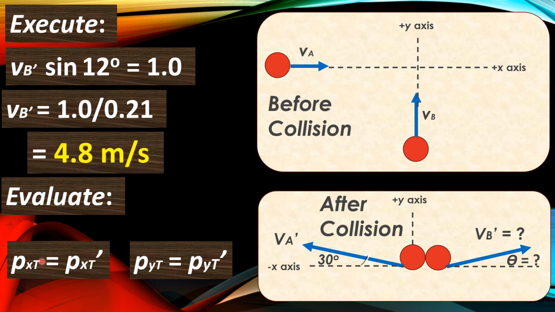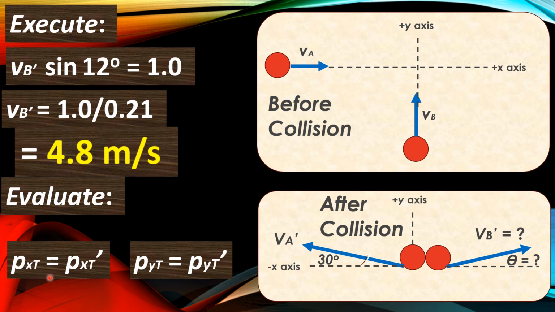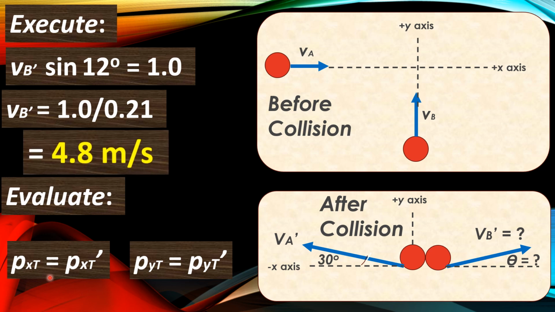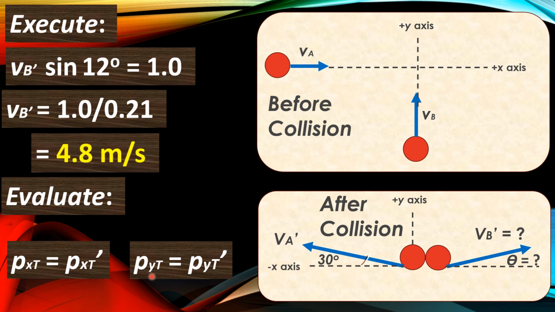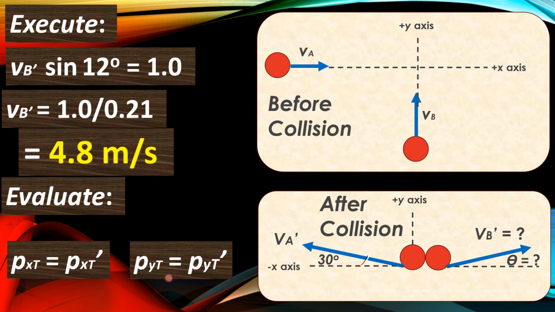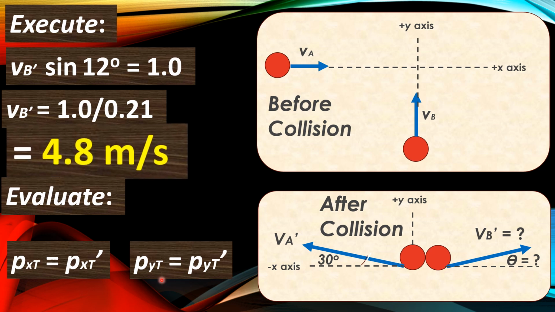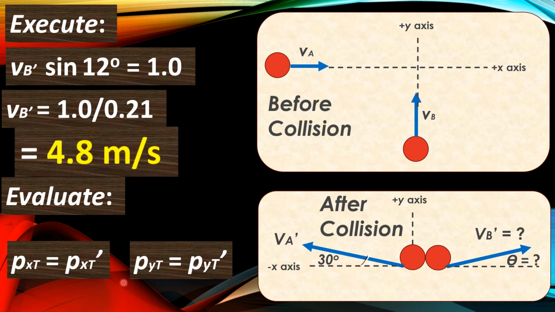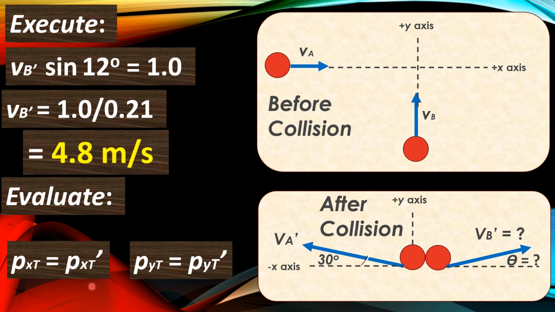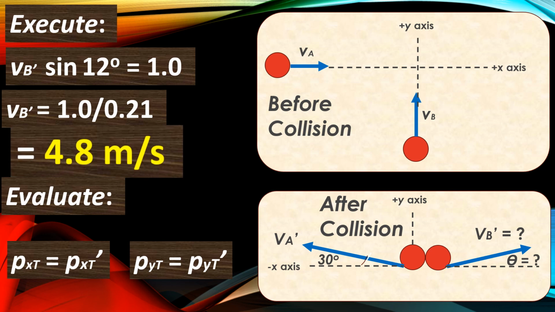This is the equation for the total momentum before the collision along the x component. Likewise, the total momentum and final momentum along the y-axis, P sub yt being equal to P sub yt prime, also has to be checked, or we have to prove that these two equations are indeed satisfied.